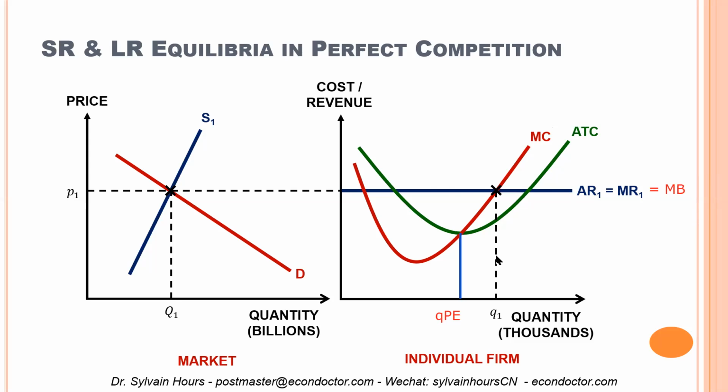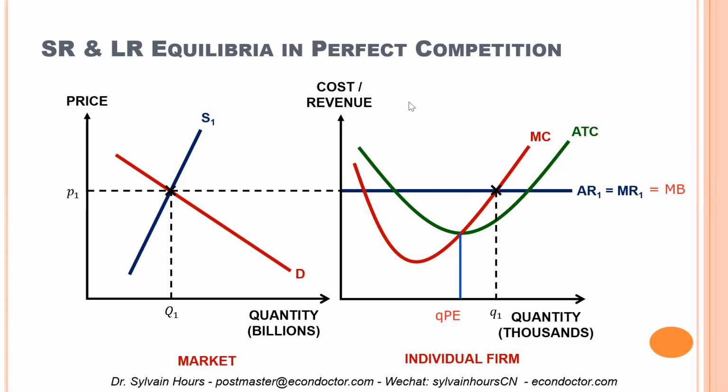So yes, we do have allocative efficiency. And this is something that is always the case in perfect competition. Perfectly competitive firms always achieve allocative efficiency, but in the short run, they do not achieve productive efficiency. We see that right there.